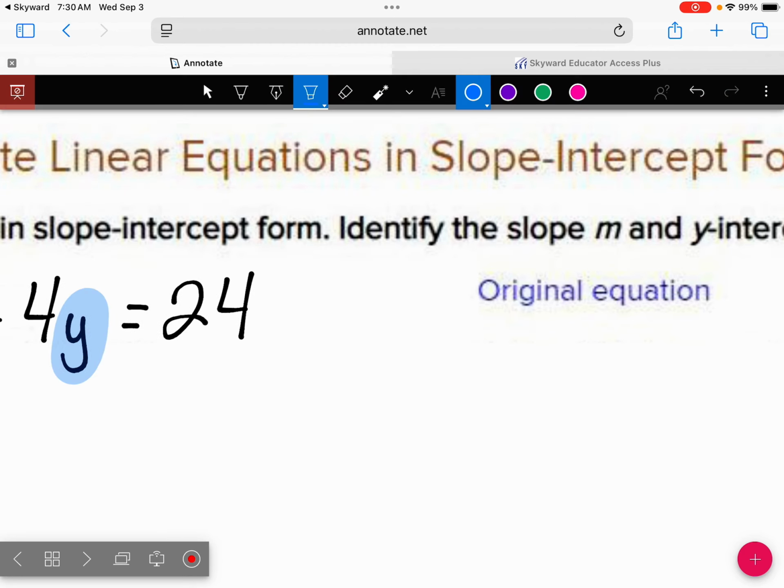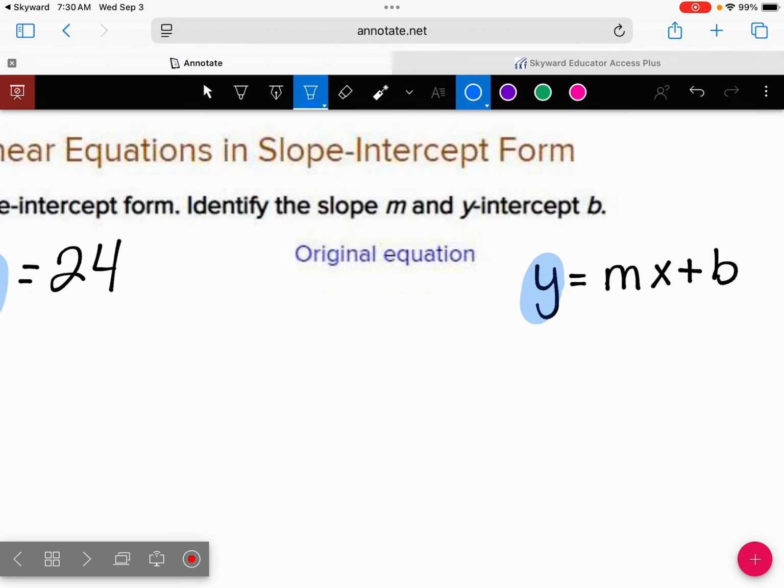I want this guy to be all by himself like this one. What needs to leave where the y is? That, right? He's on the wrong side. He needs to be on this side.